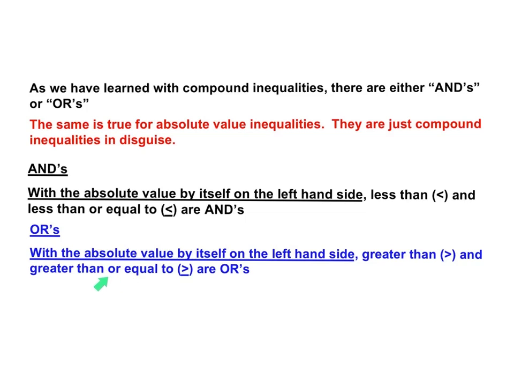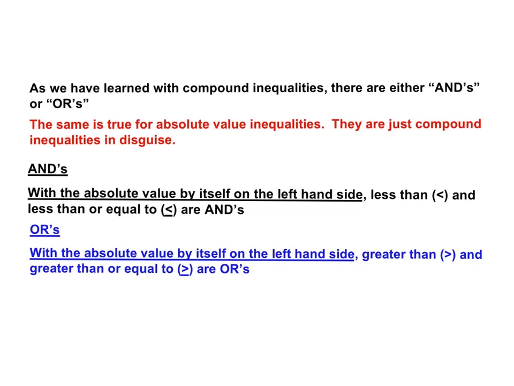Greater than, or greater than or equal to. Those are ors. If that helps you remember it, fantastic. Obviously, there's "than" in both greater than and less than. So I think what you've got to do is really think about greater, and the other one is and. However whatever method you need to use to keep it straight, I don't care. Whatever works for you, just keep it straight. Again, absolute value by itself, left-hand side.